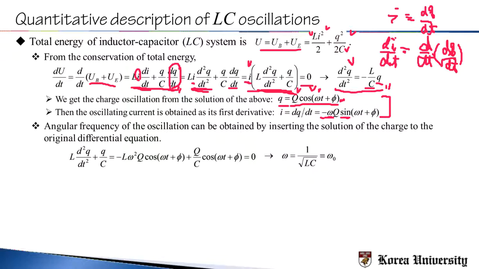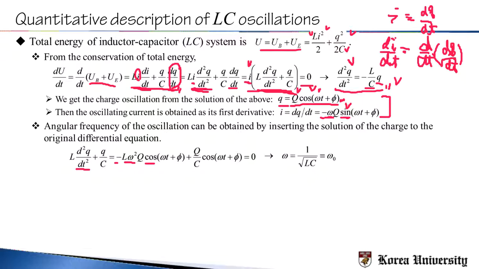This differential equation includes the second derivative, so you take another derivative of the current. Then you have omega squared, because another omega comes out, and here minus, and the sine function goes back to cosine.